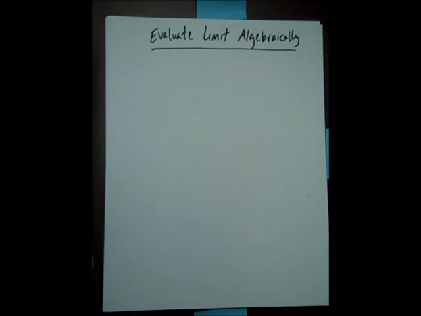Now I told you before, you can always evaluate limits graphically. So if you're more comfortable doing that, you can, just this is going to be a more precise way to do it.